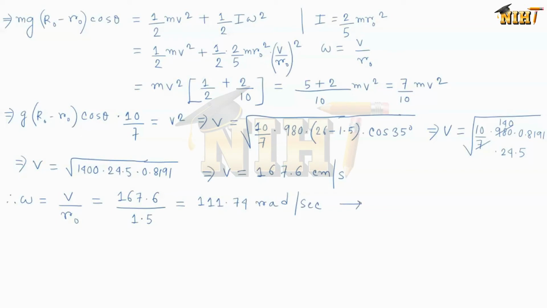Now for the second part, we know the relation between linear velocity and acceleration, that is v square equals to u square plus 2as. Now here v is the final velocity, u is the initial velocity. So by putting the value of v, we'll get 167.6 whole square. The value of u is 0 and the value of s will be here, x0 we have assumed.